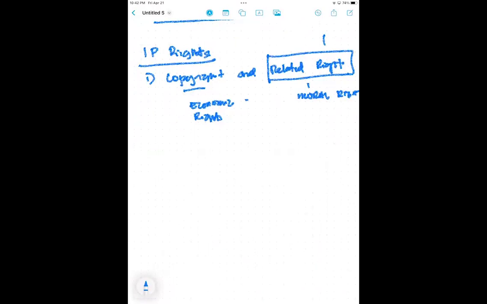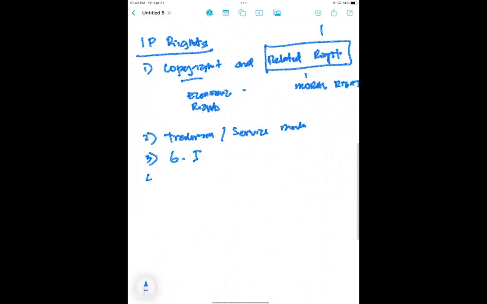So it consists of copyright and other related rights. It also consists of trademark and service marks, also geographic indications, also industrial designs. Fifth is patent.